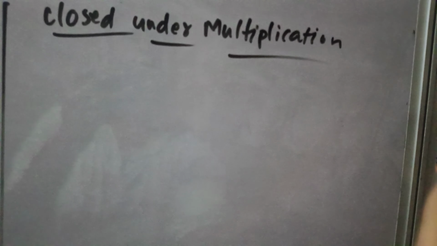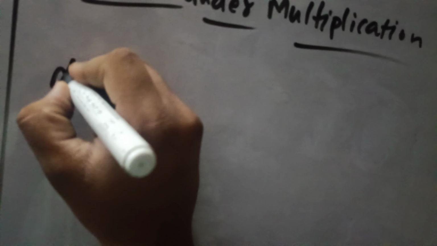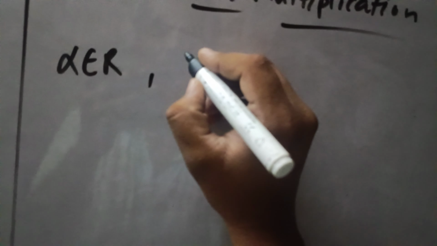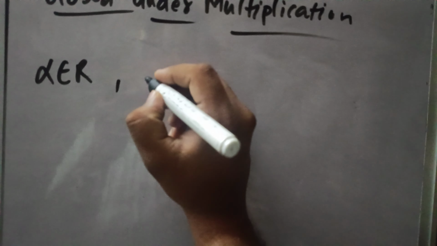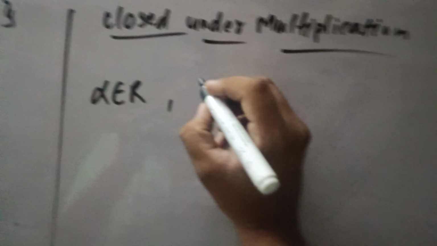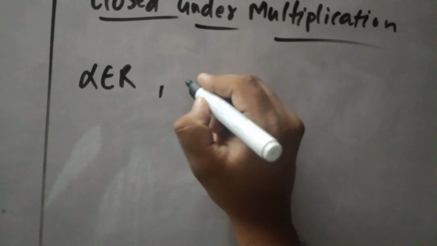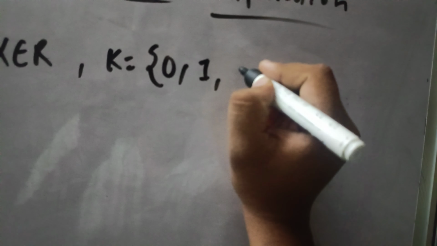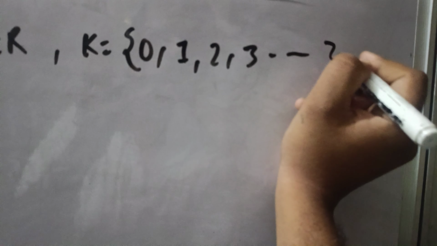For closed under multiplication, let us take alpha, which belongs to a real number, and let us take a sequence from the vector set as, let us say, k equals 0, 1, 2, 3, and so on.